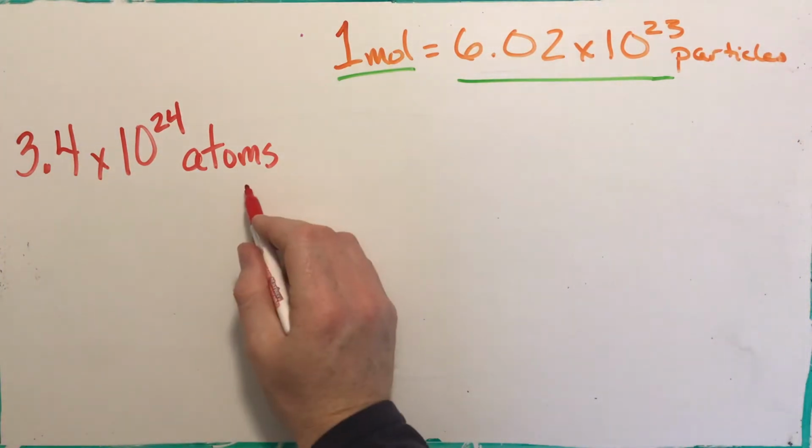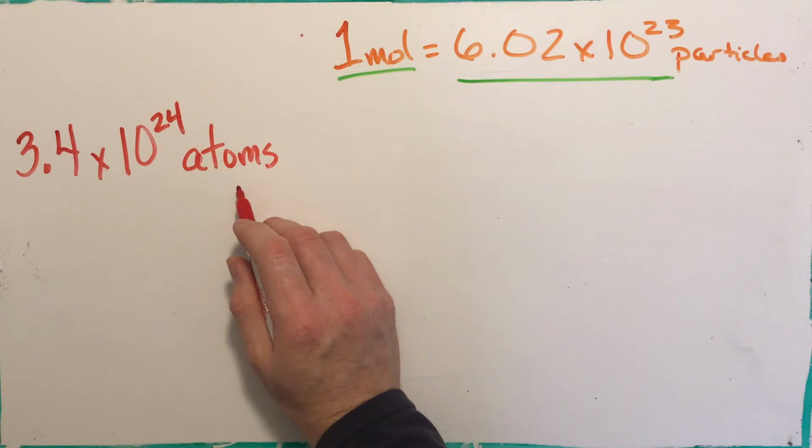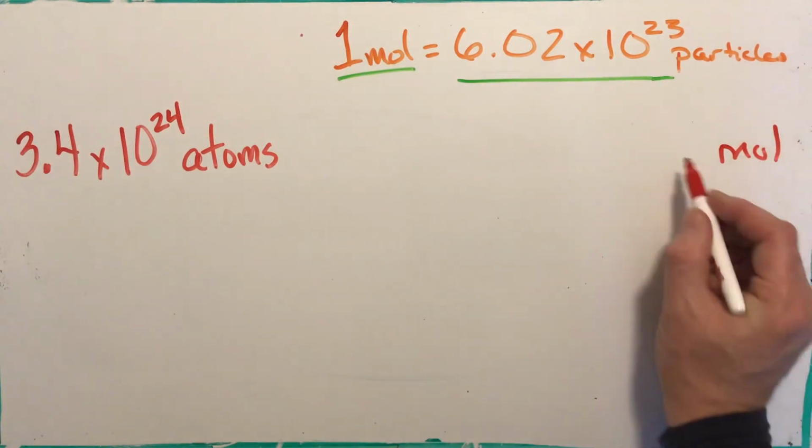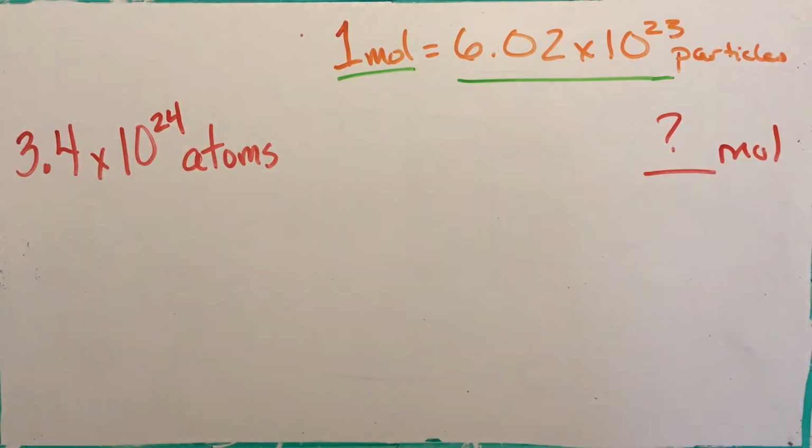But if I had this many atoms, that's my individual particles, and I wanted to figure out moles, what would I do? Well, if I go back and review that lecture, and I had that arrow thing, I divide.